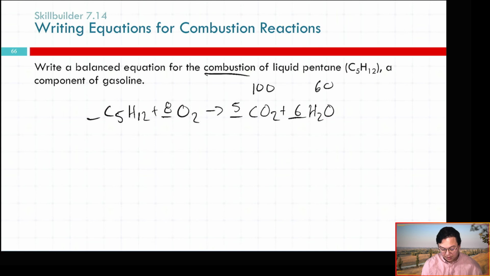So we multiply O2 by 8 to give us the appropriate number of oxygens. I realize that this looks like I wrote 160, if I put a semicolon in between. So there's a combustion reaction.